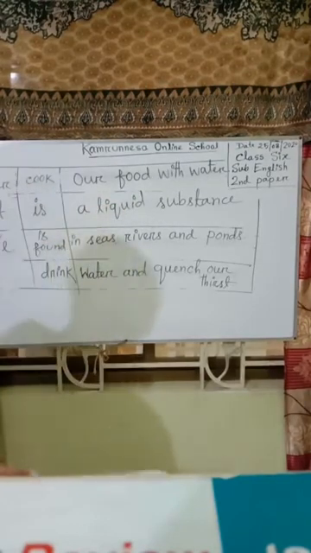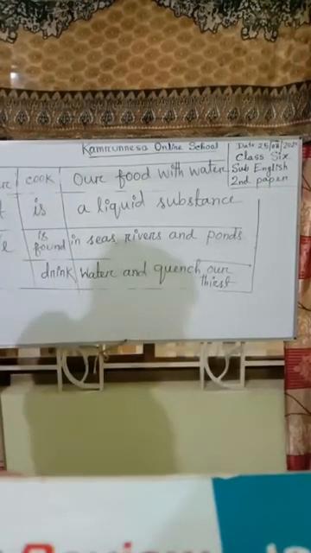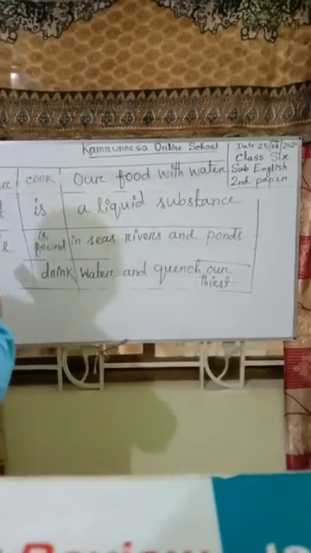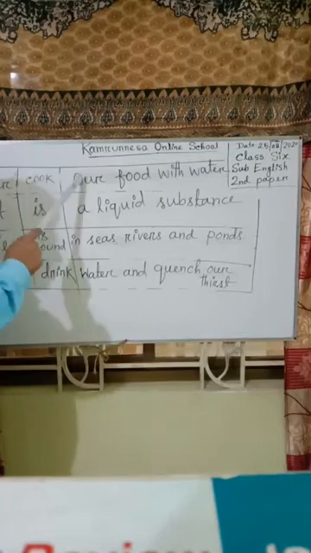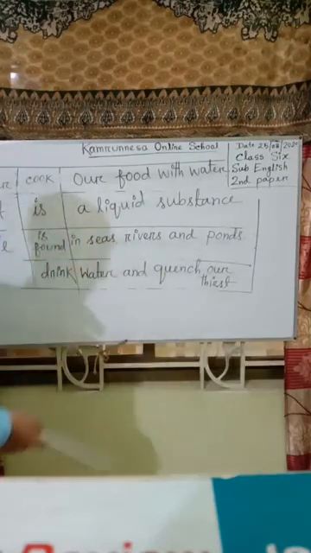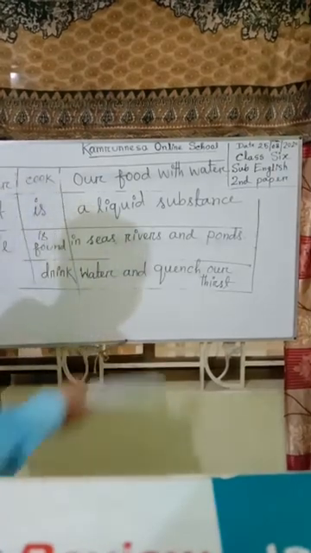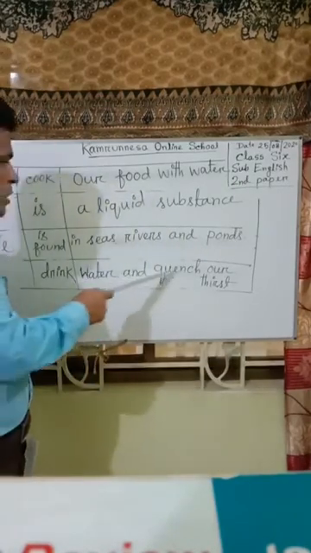Here, water, we use water in various purposes, and one purpose is cooking food. Here we use water. আমরা ব্যবহার করি cook food. আমরা আমাদের খাবার রান্না করি with water. And then last line: যে আমরা পানি পান করি এবং আমাদের তৃষ্ণা মিটাই, quench that means মিটানো, তৃষ্ণা মিটানো. We drink water and quench our thirst.